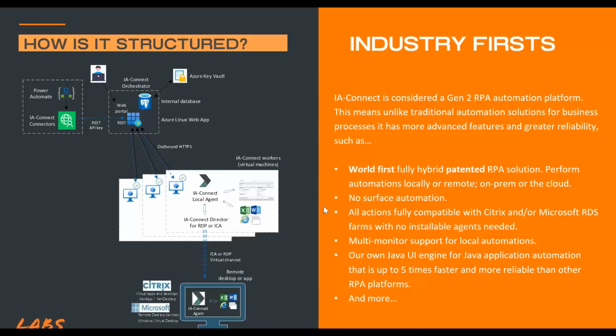Usually, other RPA platforms use mainly surface automation or image recognition, and they're not as advanced on remote automation as we are, while we can basically see the Citrix session or the Microsoft RDP session the same as we would see a local session, meaning that we can make automation much more reliable and simple in that way.